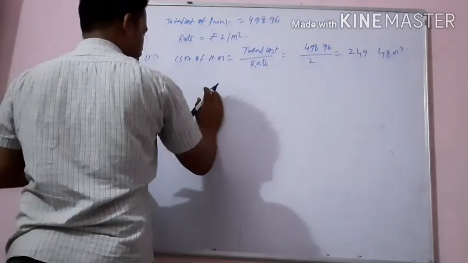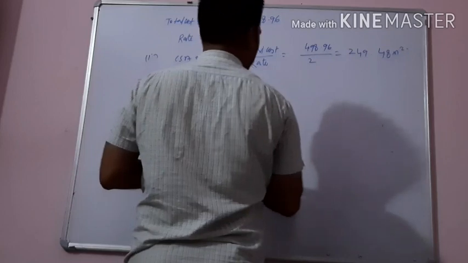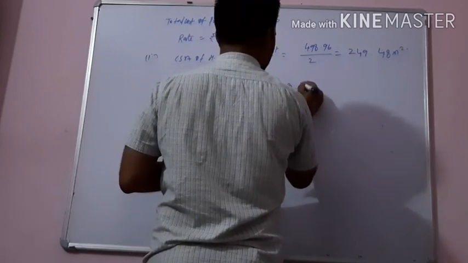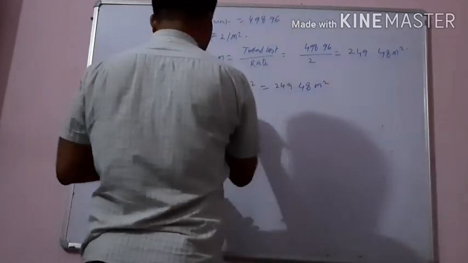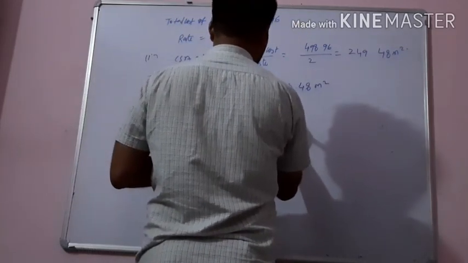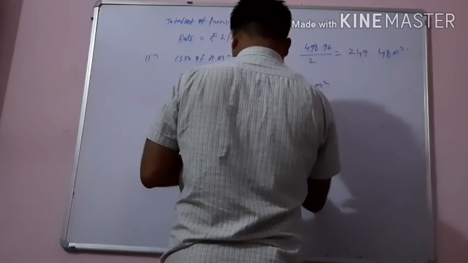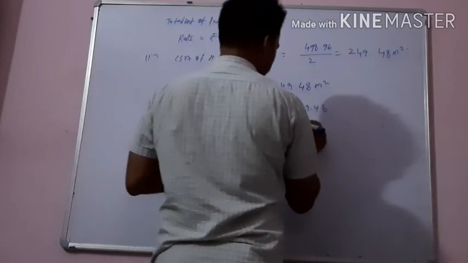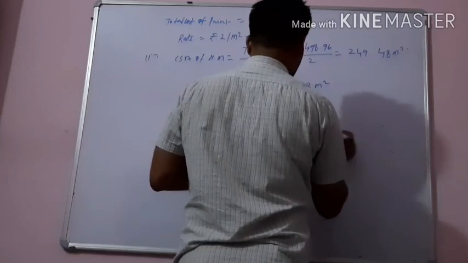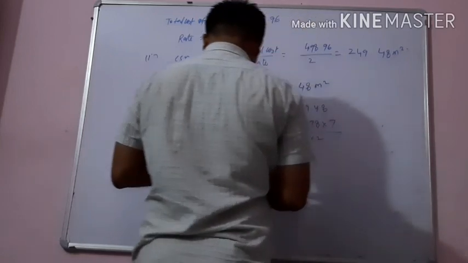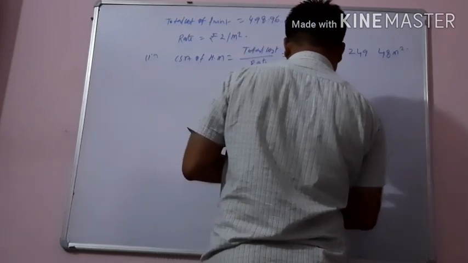So the CSA of the hemisphere is given by 2 pi r square, equal to 249.48 meter square. 2 into 22 upon 7 into r square equals 249.48. R square is equal to 249.48 multiplied by 7 upon 22 into 2, that is R square equals 39.69.